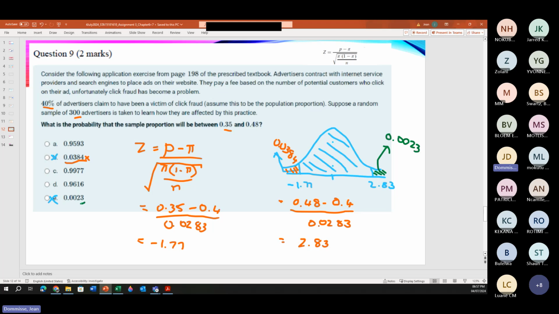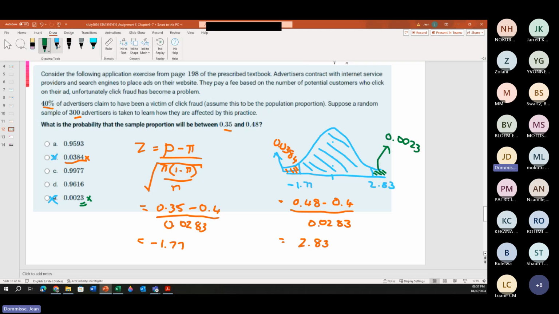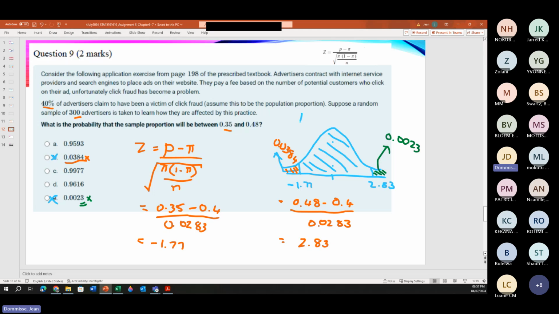Look at that, also in one of your answer sets. So your final answer for the blue area will be 1 minus the green area minus the orange area, which will give me that blue area.